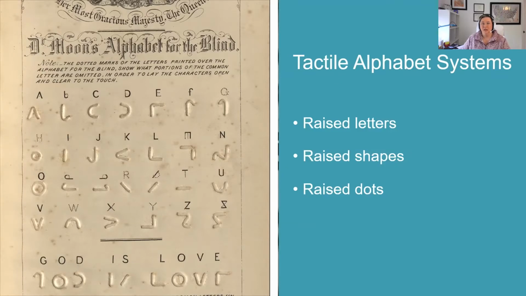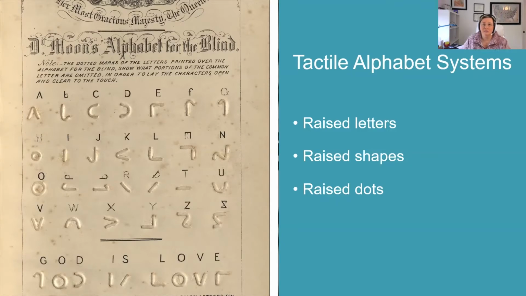But if you think about it, those raised shapes and raised letters are only a reading system. Creating a raised shape or raised letter was cumbersome and difficult, and often used machines to be able to do so. And these weren't something readily available to the individuals that were reading those systems. So that attempt to create a system was really an unsuccessful system for writing as an individual.